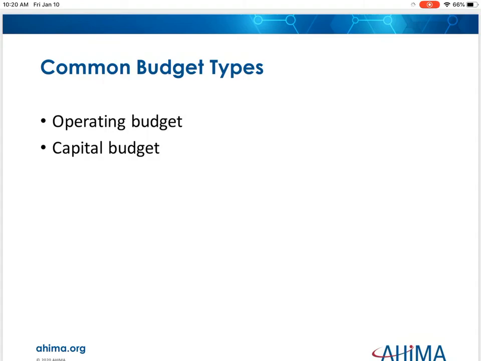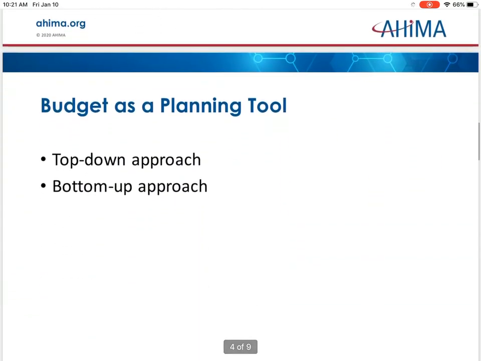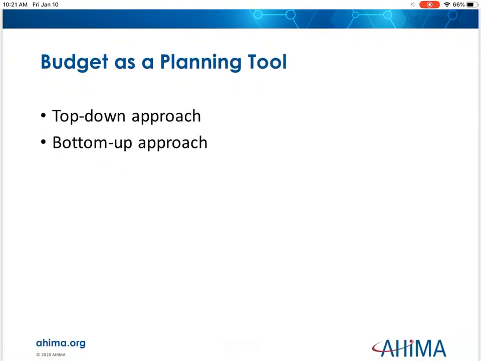It's usually pretty expensive. You're going to use it for more than 1 year. And a lot of times organizations have a separate process for creating capital budget requests because, again, these can be very big ticket items.